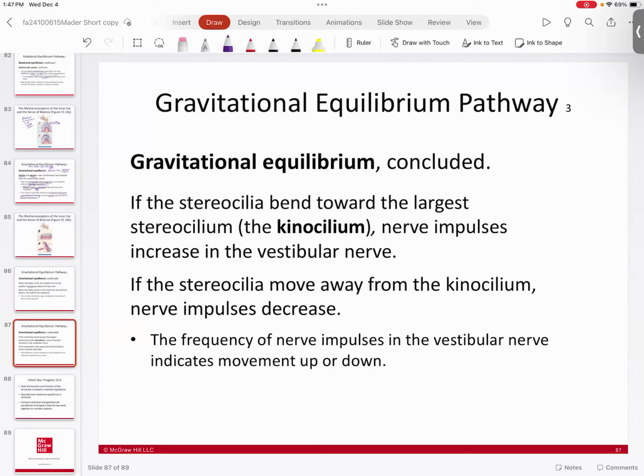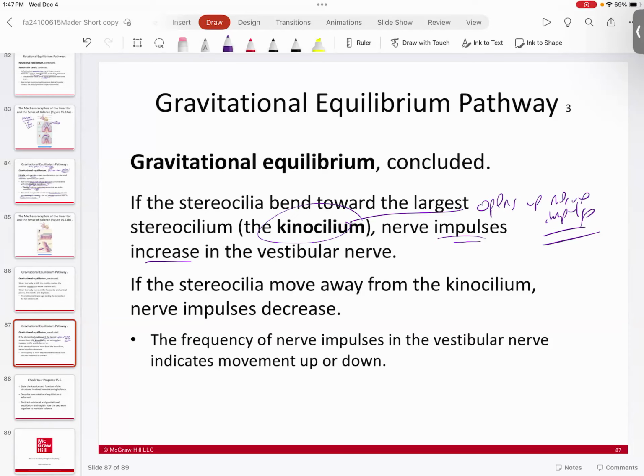So it doesn't just take a single stereocilium to do it. All the stereocilia together will then bend the kinocilium, which is the one that opens up the gate. So this is the one that opens up the nerve impulse. You can think of these stereocilia as having a leader. All the stereocilia are basically saying, you know what?